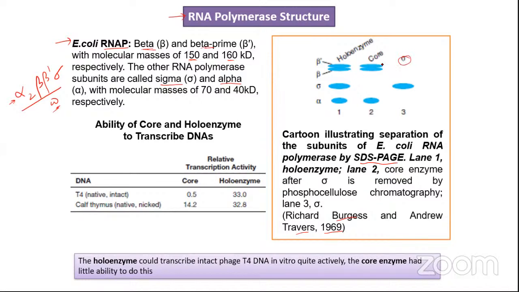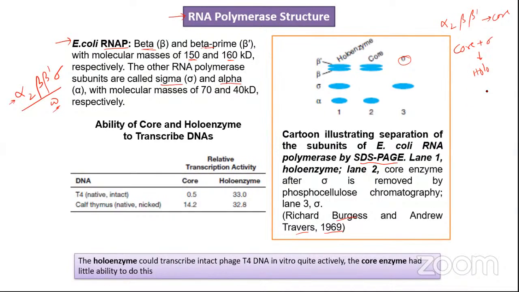So it was said that the basic RNA polymerase activity composition is alpha 2, beta, and beta prime. This composition is referred to as the core enzyme, while when the core is with the sigma subunit, this is referred to as the holo enzyme.